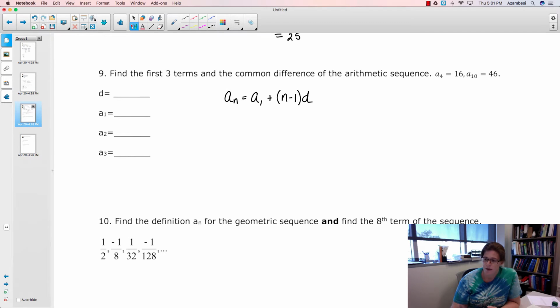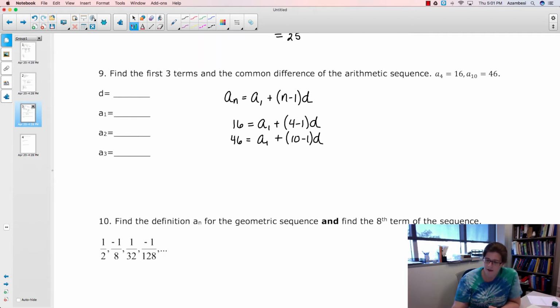So if I want to use that, then a4 is equal to 16 gives me 16 equal to a1 plus 4 minus 1 times d. And the second one, a10 is equal to 46. So 46 is equal to a1 plus 10 minus 1 times d.